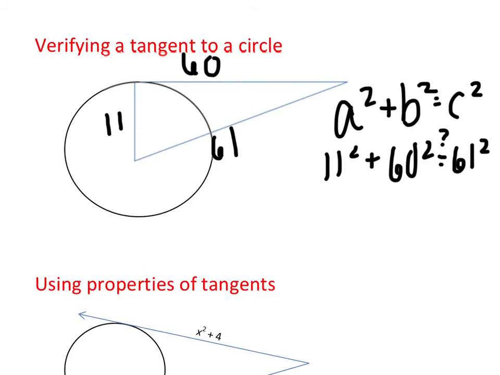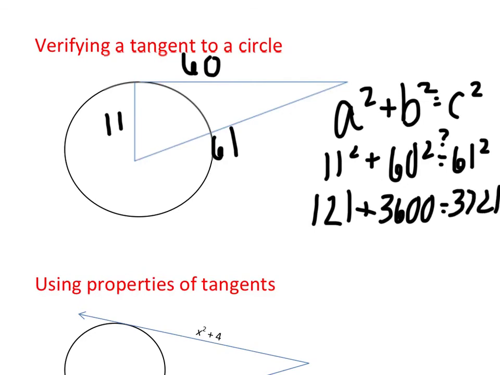So let's see, what's 11 squared? That would be 121, plus 60 squared is 3,600. Does that equal 61 squared? 3,721. Are these equal? Well, let's add these two.